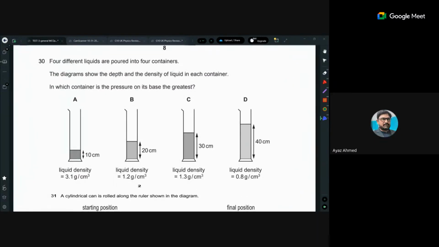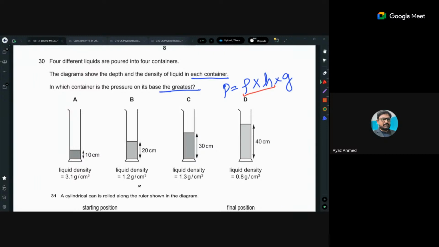Okay, here in this one, the diagram shows the depth and density of the liquid in each container. The question is, in which container is the pressure on the base the greatest? So pressure is equal to what? Density into depth into G. Keep G aside, multiply these two numbers.